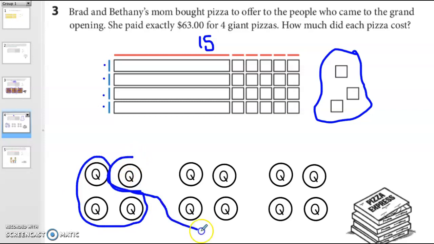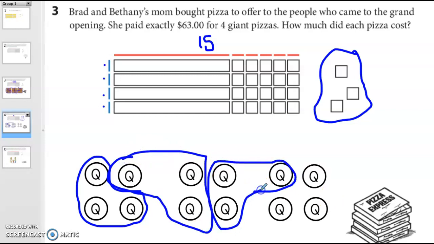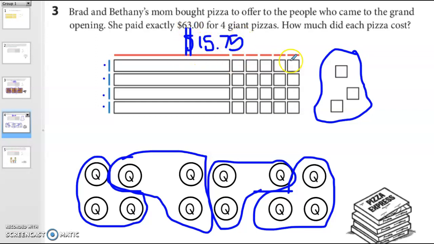One of the pizzas must have costed that. One of the pizzas must have costed that. And one of the pizzas must have costed this. So each pizza, if this is 25, 50, 75 cents, each pizza must have costed $15.75. Because if we added all of these up, it would equal 63.